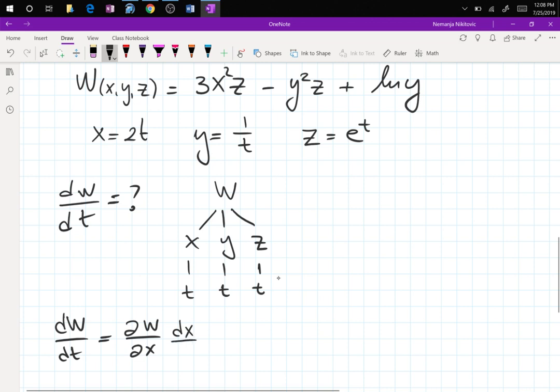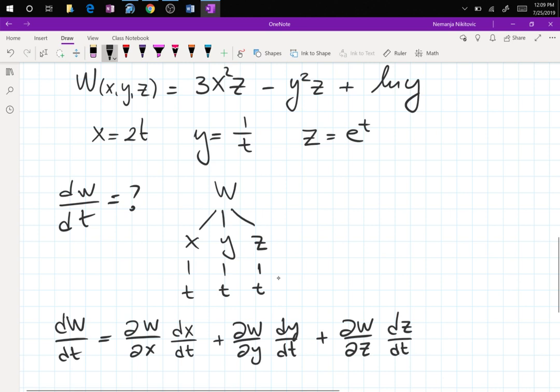Then you use the regular dx dt because x can only go into t going down the tree. Plus partial w partial y dy dt plus partial w partial z dz dt. This is our formula.